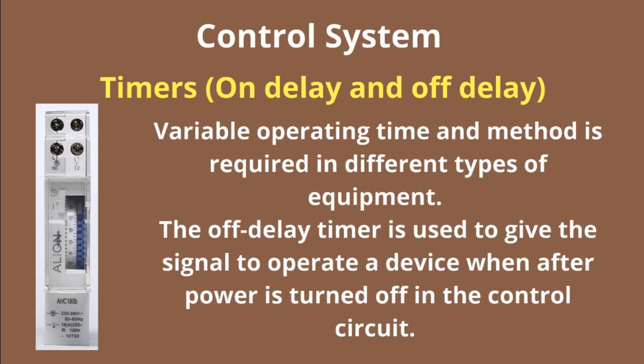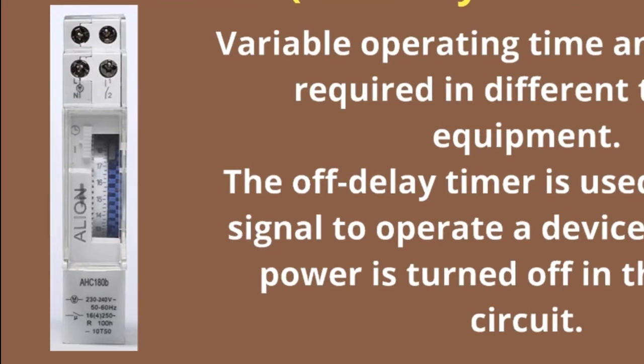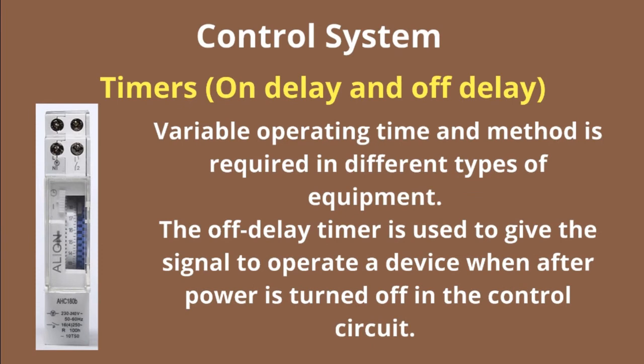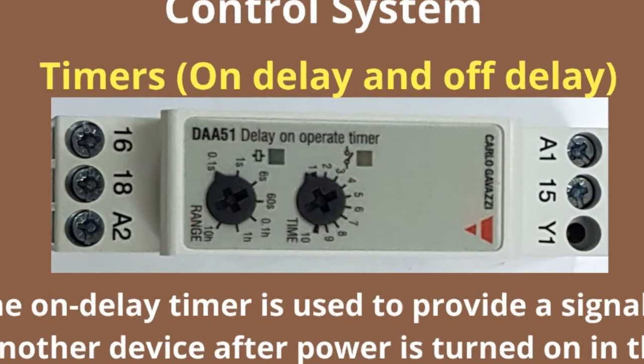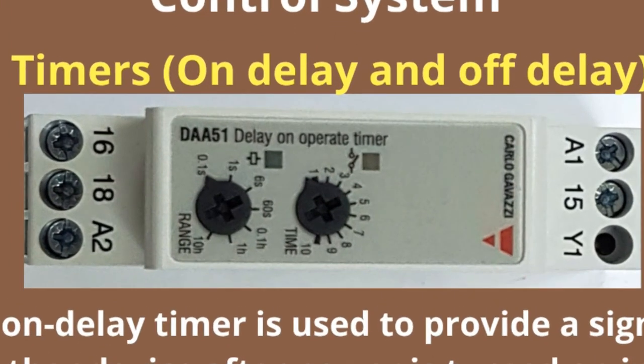The off-delay timer is used to give the signal to operate a device after power is turned off in the control circuit. The on-delay timer is used to provide a signal to another device after power is turned on in the control circuit, or give a delay to start the operation of the device.